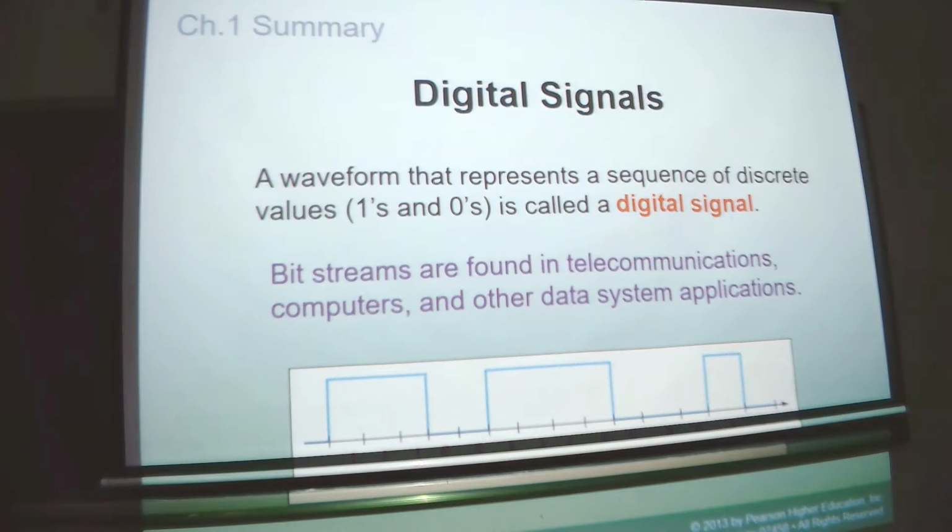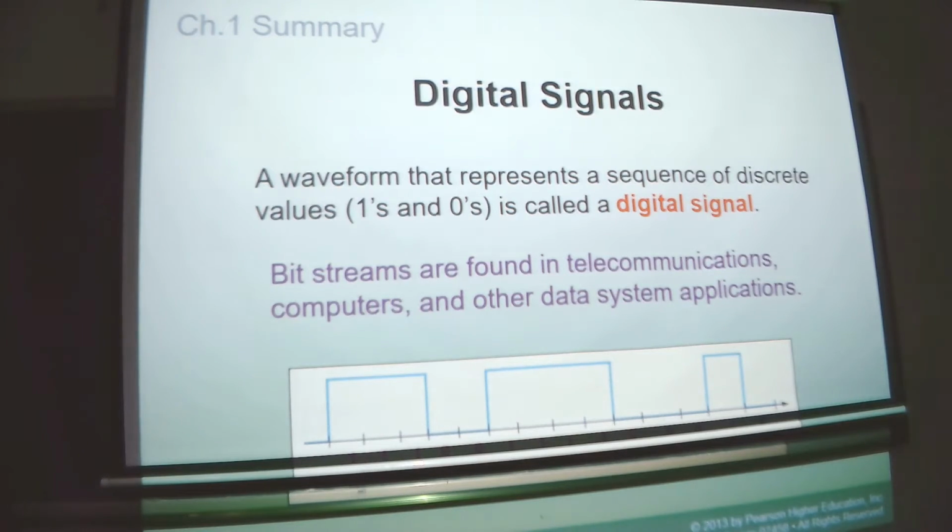So a waveform that represents a sequence of discrete values is called a digital signal, such as bit strings, as in this figure. Bit strings are found in telecommunication, computers and other data system applications.